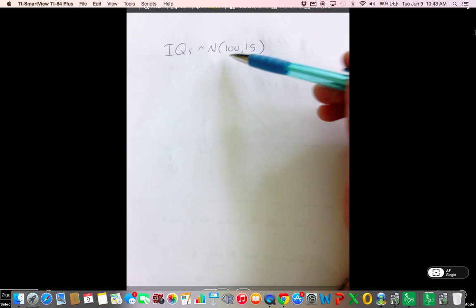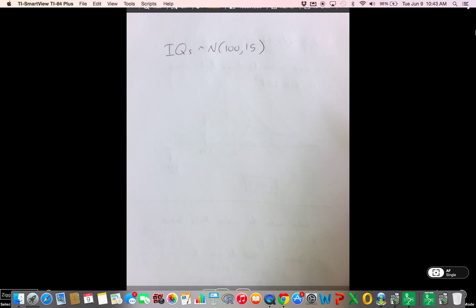Some studies are showing that the standard deviation is working its way toward 16, and the mean is bumping up a little bit because we're apparently getting smarter. Either that or we're just becoming better test takers with all this testing that we're putting students through today. But don't get me started on that one.